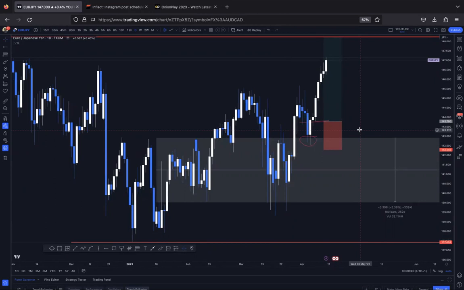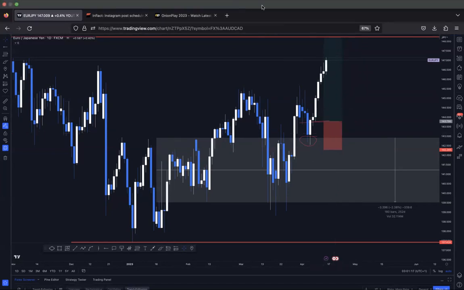If you're using 0.01 on this trade, you are risking $15 to make $44. If you are using 0.02, you are risking $30 to make $80, which is very, very good. Right? If you are using one standard lot, you are risking 1,500 to make 4,400. So this is a very good trade. 1:2.9, almost 1:3 risk reward ratio. Very important, good trade.